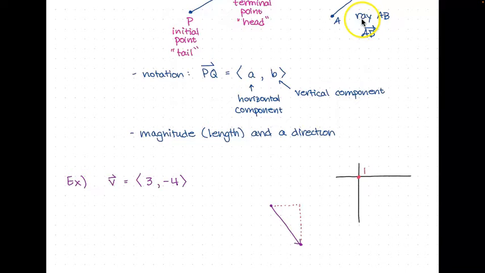Then I'll go positive 3, negative 4, and that terminal point ends up at the coordinate pair 3, negative 4. So this is vector v. So you'll see it done both ways. The vector can be drawn with no reference, or it can be put on a coordinate plane. It kind of depends on what you're going to do with it.